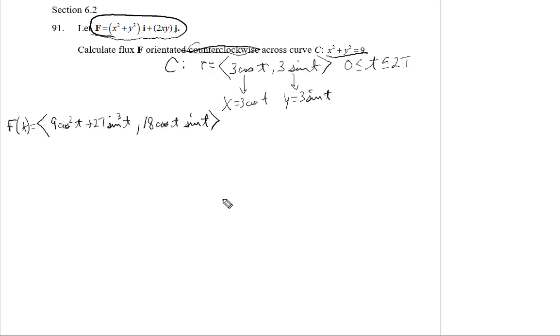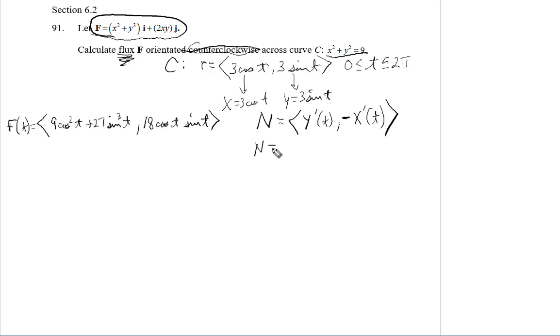So there's our field. Now, since we're calculating flux, we need to compute our normal vector. To get the normal vector, we simply take the derivative of the y component with respect to t, and the derivative of the x component with respect to t, and make this one negative.